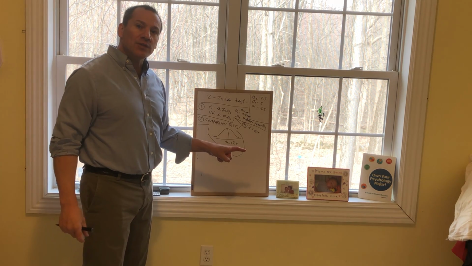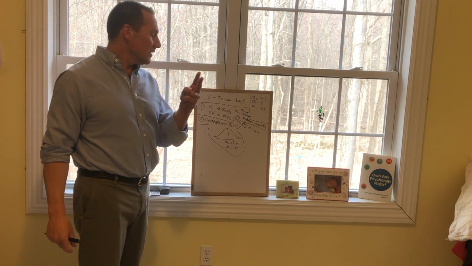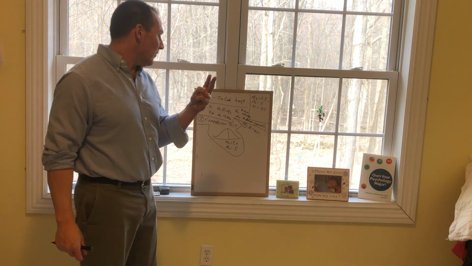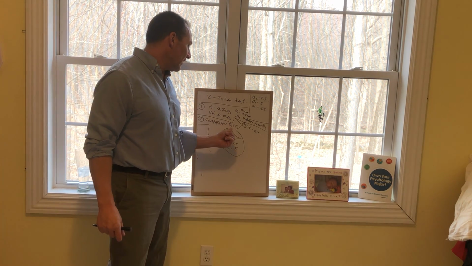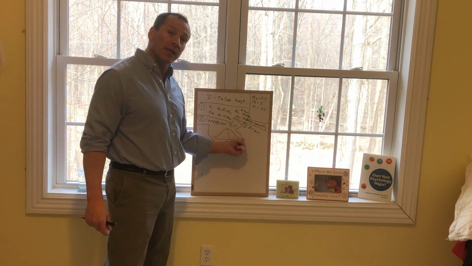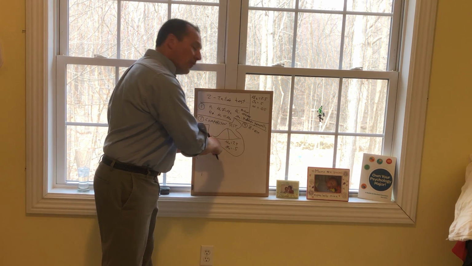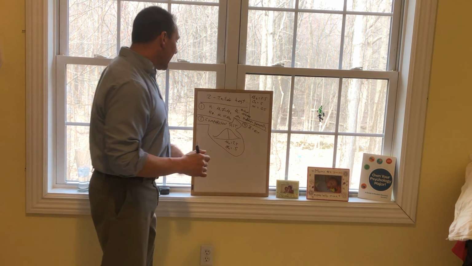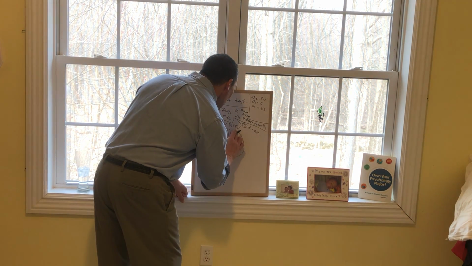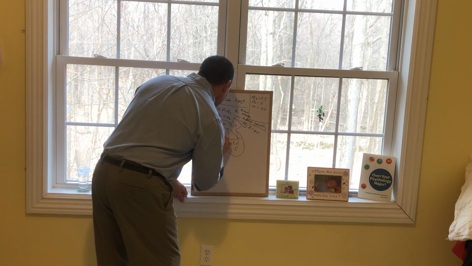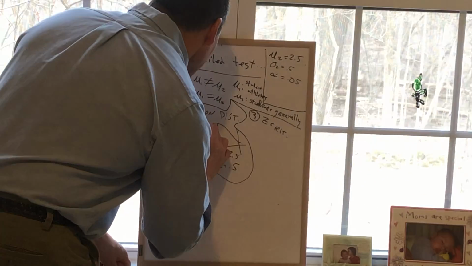The thing is, with a two-tailed test, I could reject the null hypothesis if my Z obtained is extremely high or extremely low. Because of that, I now am going to have two critical values, two Z criticals.